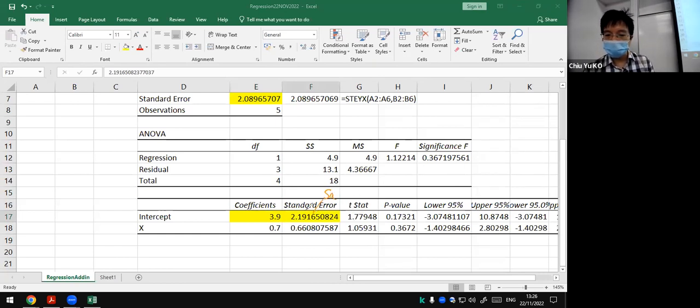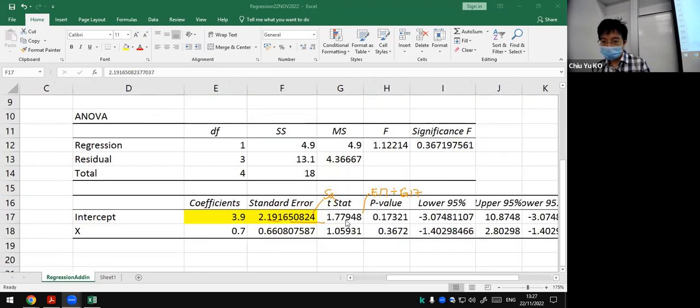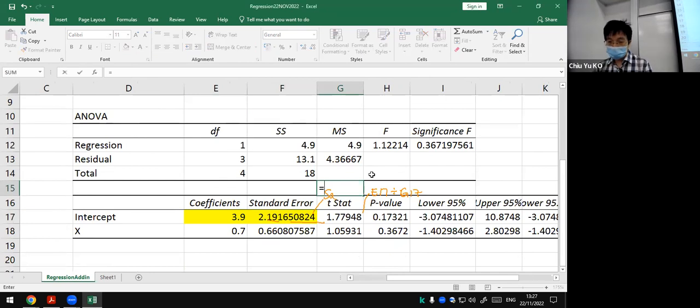This is the t-intercept, right? So they basically just take this over this, right? So basically this is E17 divided by EG17, right? So just this coefficient over the standard error, right? Maybe I can show that to you in case you want to know. So this is just this over this.